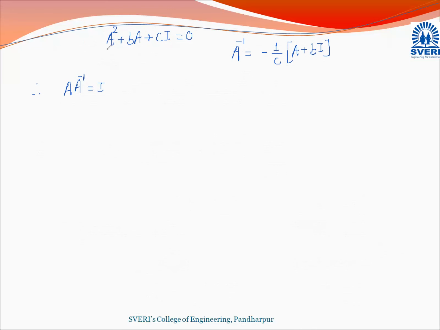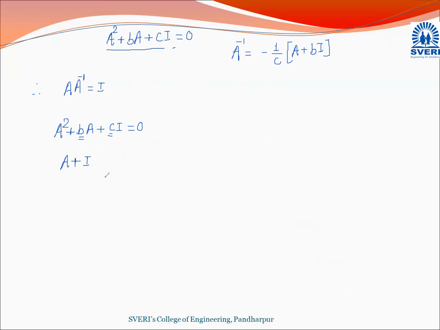So here consider this equation: A square plus B into A plus C into I is equal to 0. Multiply with A inverse. What we are getting here, A square into A inverse, it will be A plus, and here if you neglect the constant terms, just consider A square plus A plus I is equal to 0. So here A into A inverse, that is I.